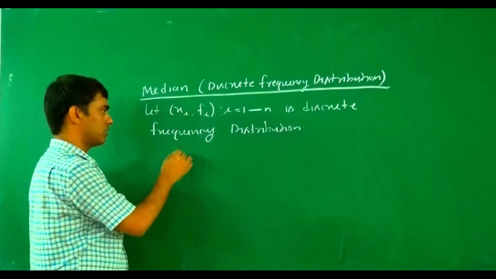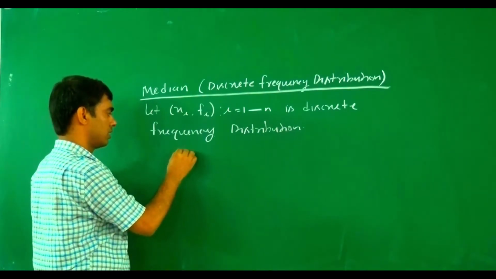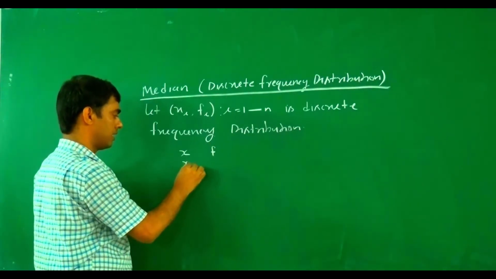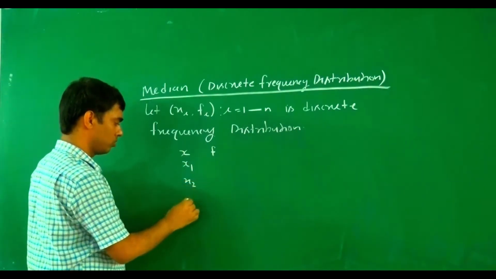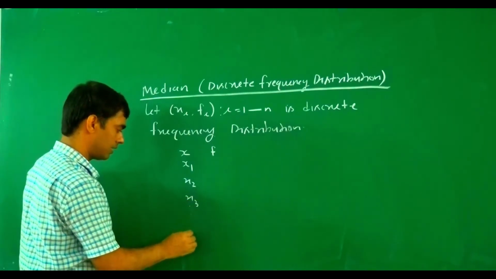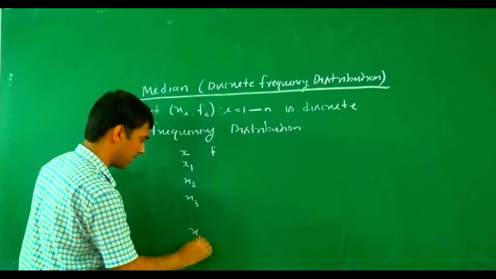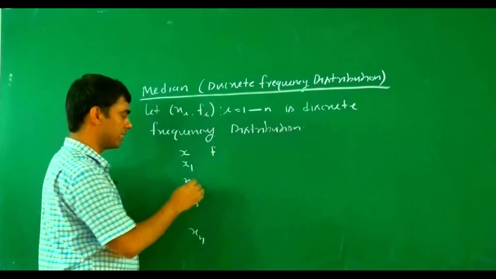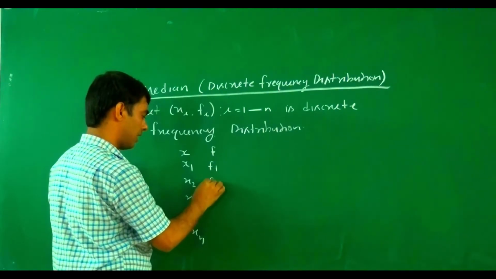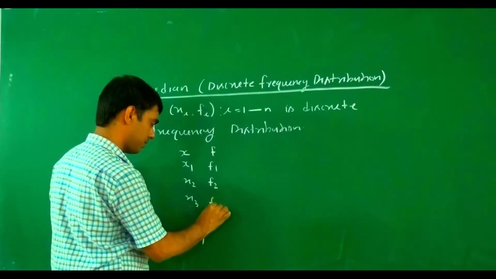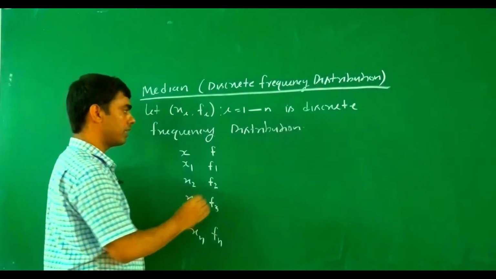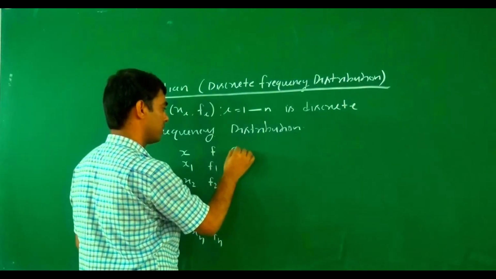First we write it in this form. Suppose this is the value of x and this is the value of f. Here we write x1, x2, x3, up to xn, with the corresponding frequencies f1, f2, f3, up to fn.